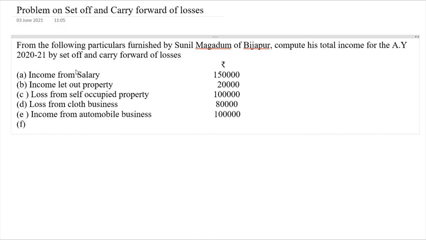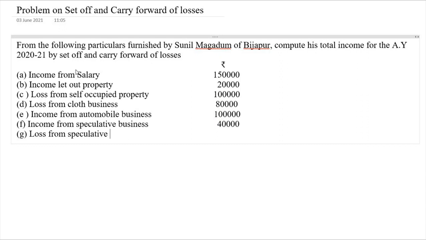F, income from speculative business, rupees 40,000. Then G, loss from speculative business, rupees 60,000. H, income from securities, ₹20,000.